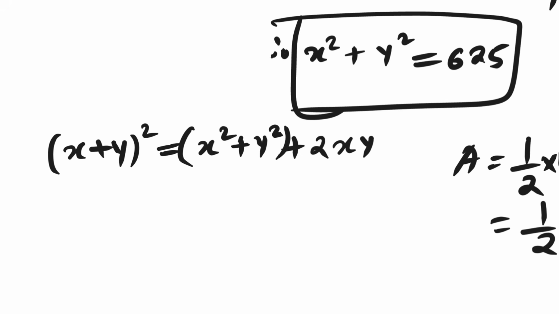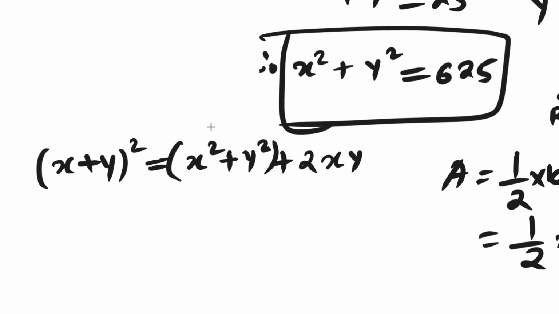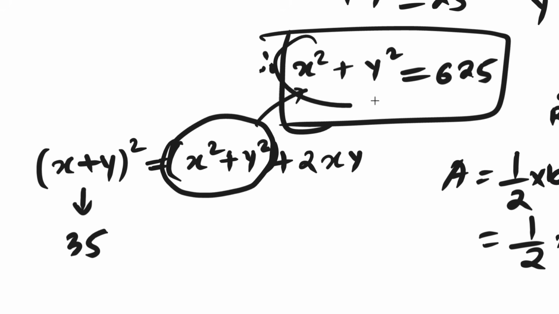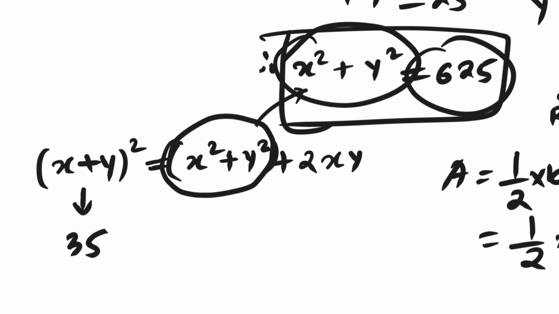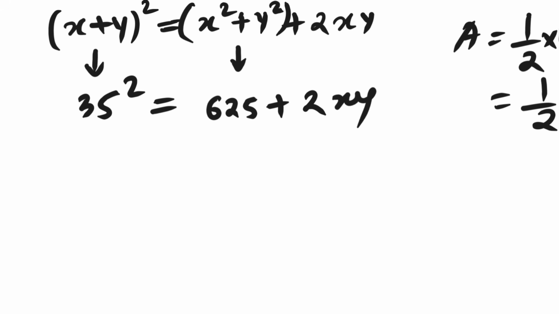We already know that x plus y equals 35. So wherever we see x plus y, we can replace it with 35. And we also know that x squared plus y squared equals 625. So let's substitute both pieces of information into our identity. We get 35 squared equals 625 plus 2 multiplied by xy.